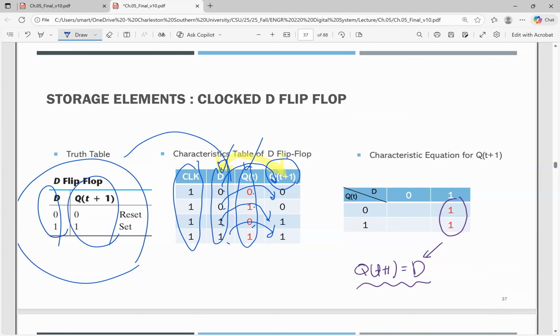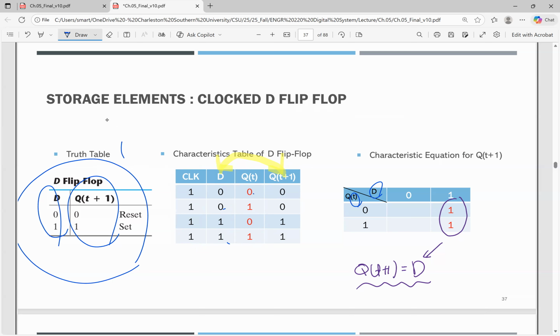1, 1, 1, 1. Why? Because from the truth table, or sometimes the characteristic table. It sometimes depends on the books here. And then this is the characteristic equation from the K-map. So this is the Q of T, D in here. From here, just only two Ks.